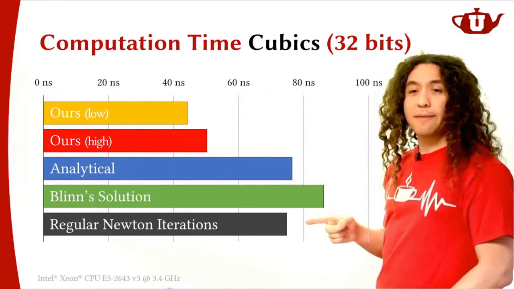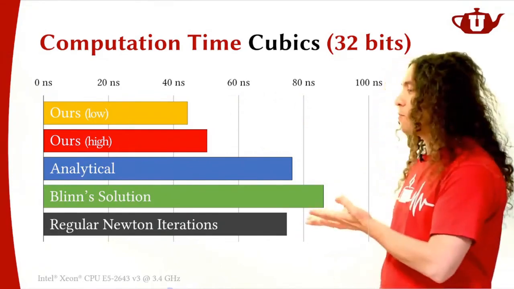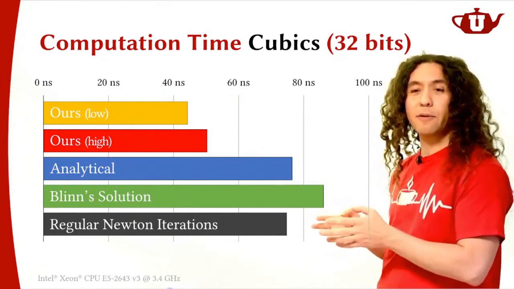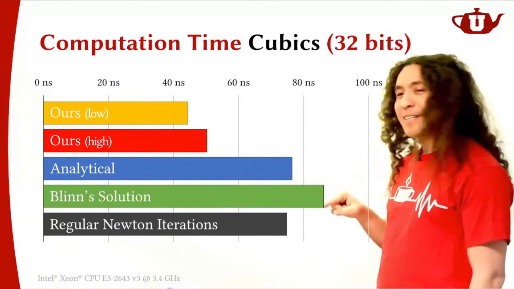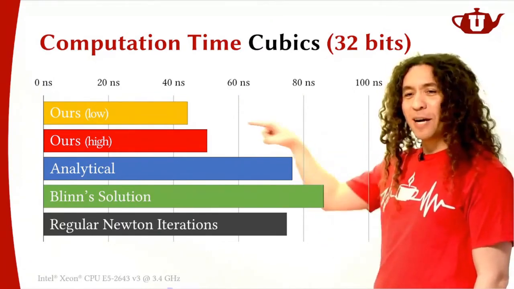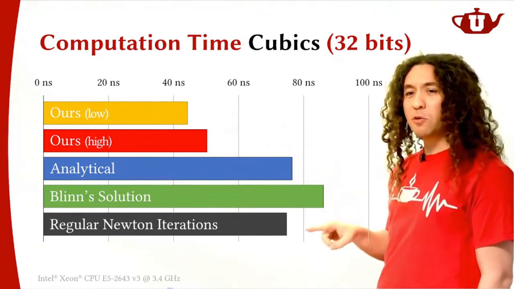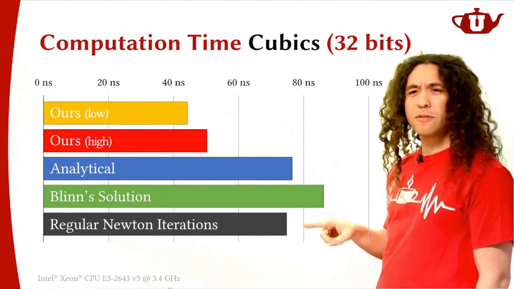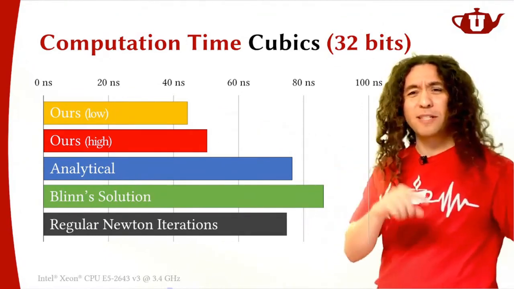I also added the regular Newton iterations here, although this just finds one of the roots, and it's not great. But one funny thing here, this doesn't make much sense, right? We're using Newton iterations for these. How come Newton iterations on their own are slower? Well, here's what's happening.